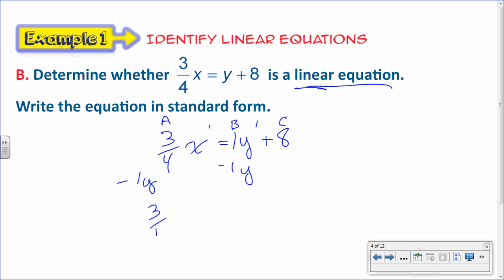Rewrite it as 3/4 X minus 1Y equals. Yay. Is it in standard form? It's close, but it's not all the way there. What am I gonna do next? Okay, now, listen to me very carefully. Everybody's had a hard time with this.